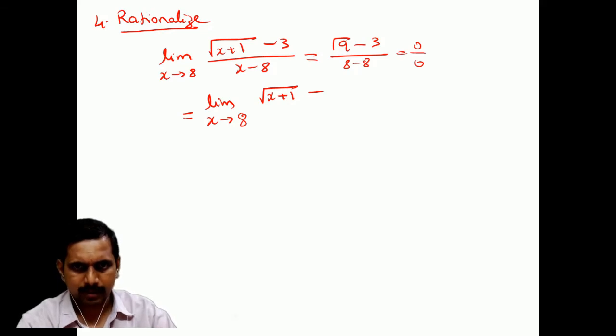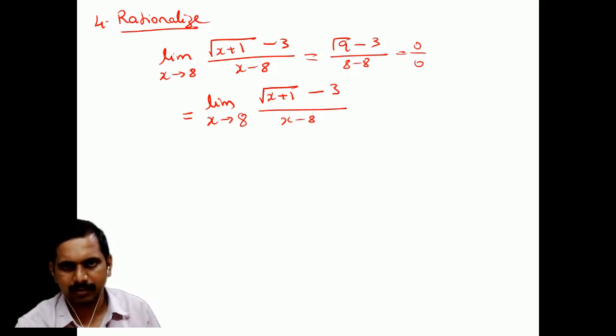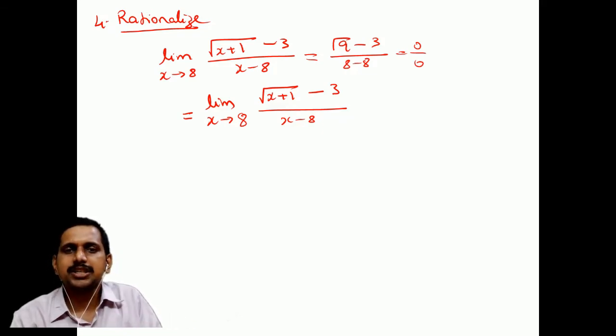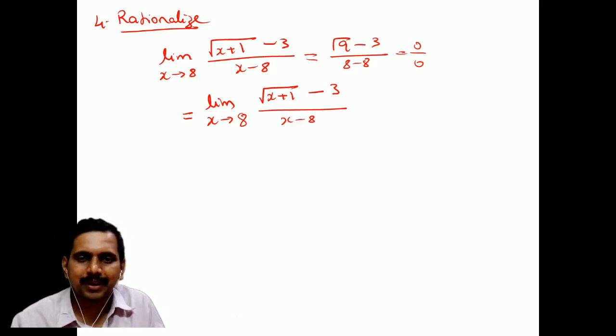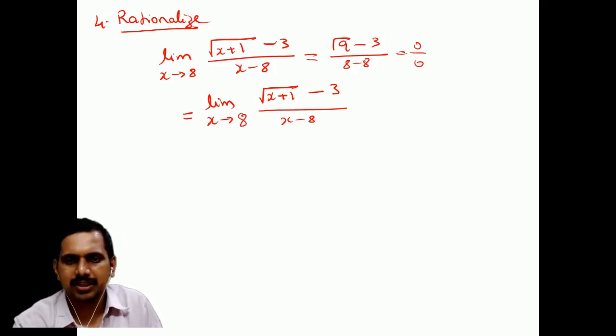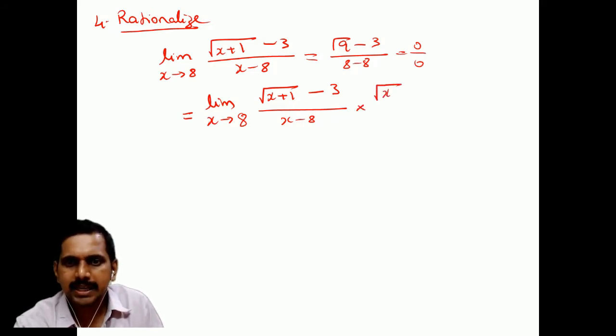We are going to rationalize the irrational ones. What are the irrational ones? Irrational ones are those which cannot be written in the a by b form, correct? So square root is one of the irrational ones. So rationalization of the numerator: multiply by square root of x plus 1 plus 3 divided by square root of x plus 1 plus 3.